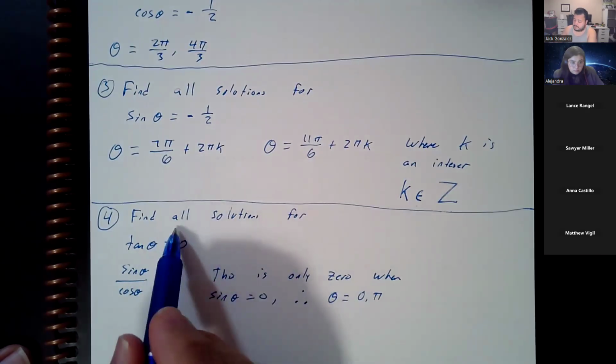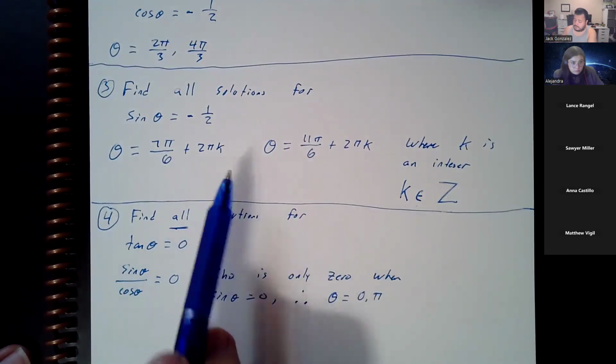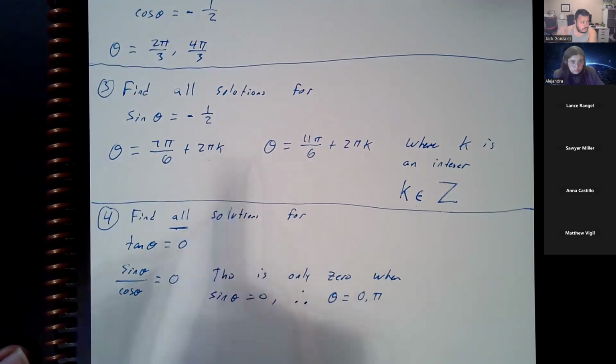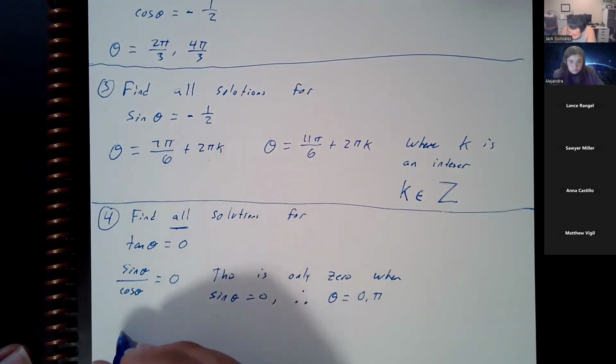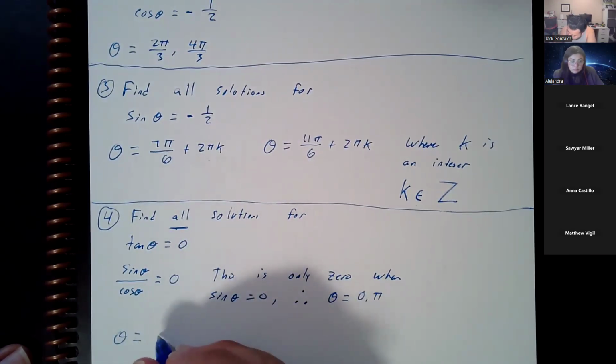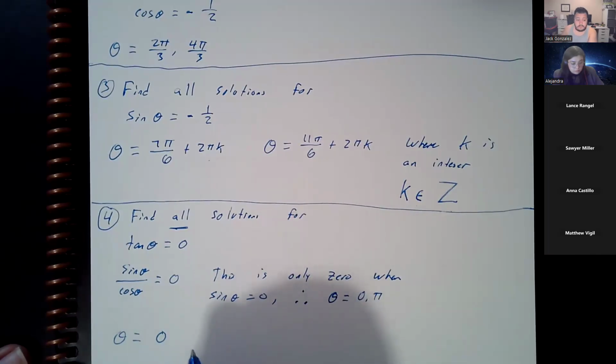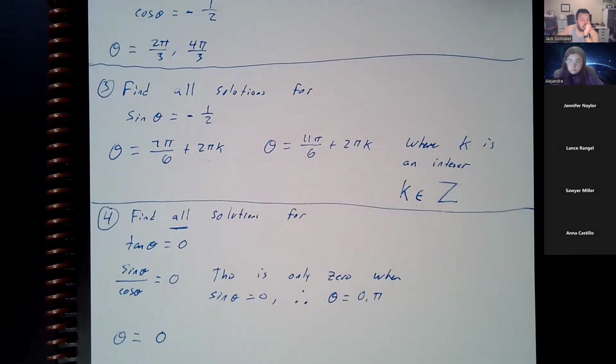But since it said all, I'm going to have to add some sort of k part. Okay. Actually, we could do this. Hold on a second. Let me get the circle on so you can see better. Okay.